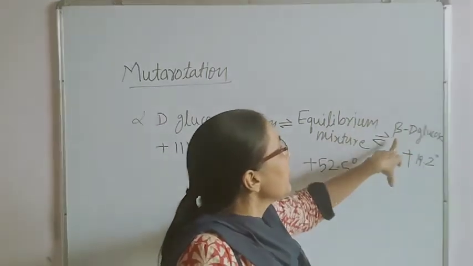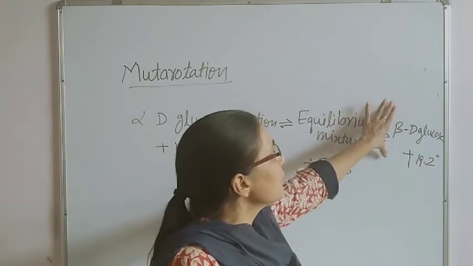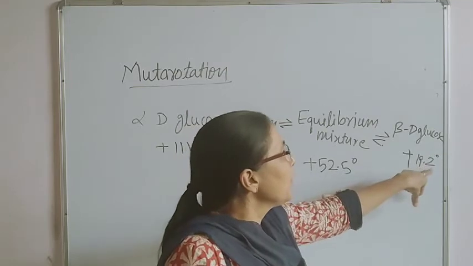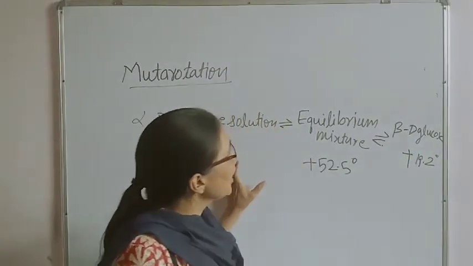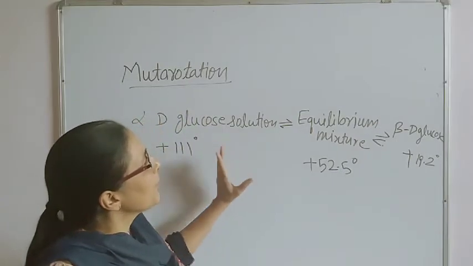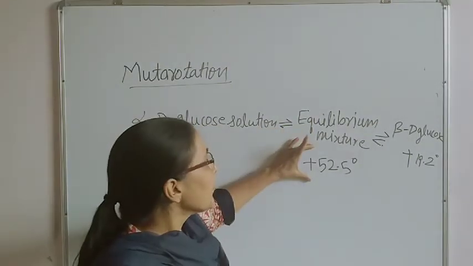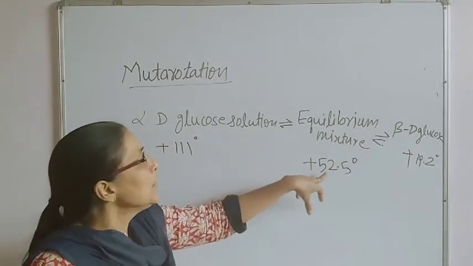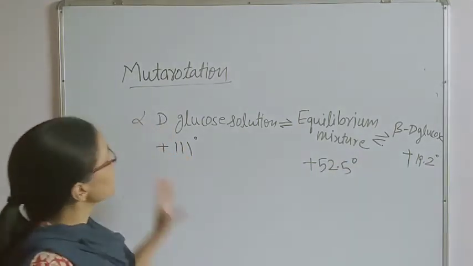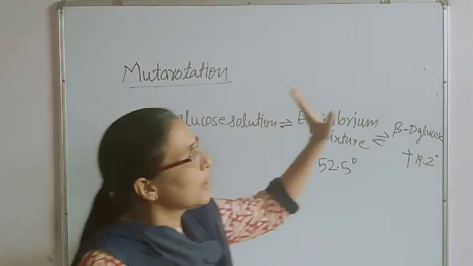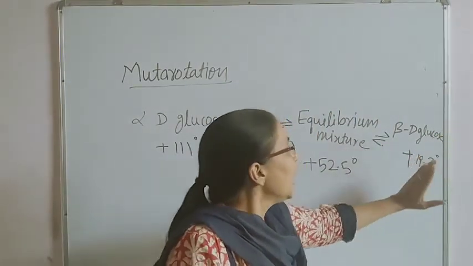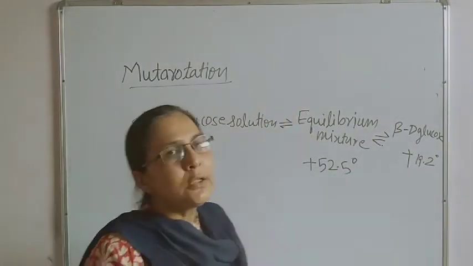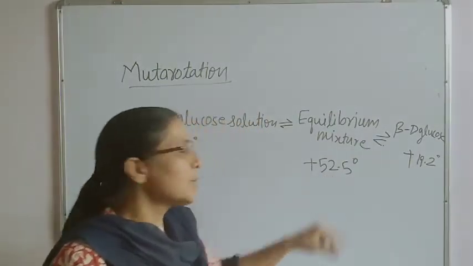In the same manner, for beta D glucose solution, in the beginning you will measure the specific rotation as 19.2 degrees, and after keeping for a long time period you will get a change in the specific rotation, and you will get the angle 52.5 degree. It means the alpha D glucose structure is converting into the beta D glucose structure, and beta D is converting into the alpha D glucose structure. After some time, we get the equilibrium mixture, which has a specific rotation of 52.5 degree.